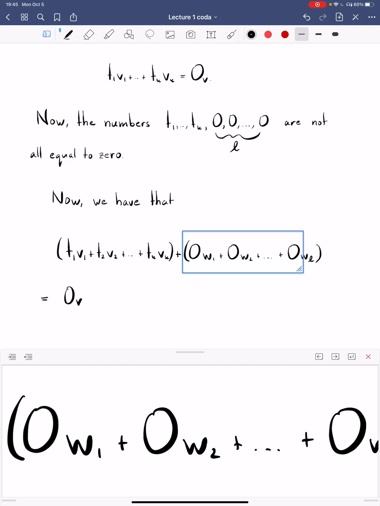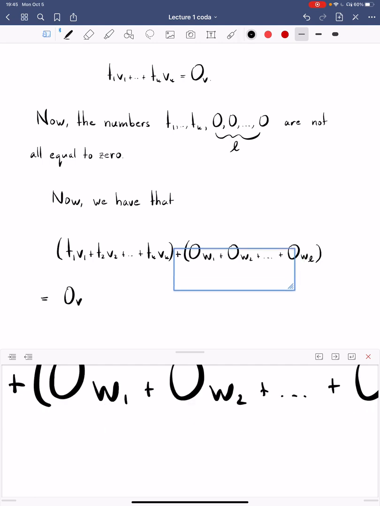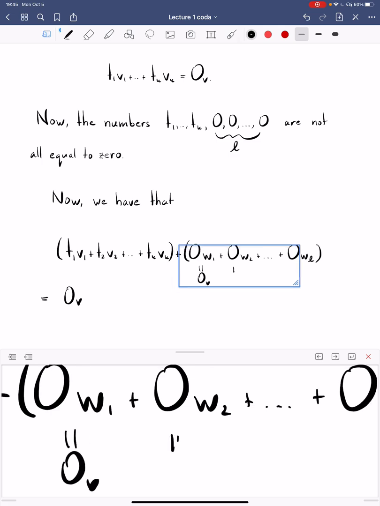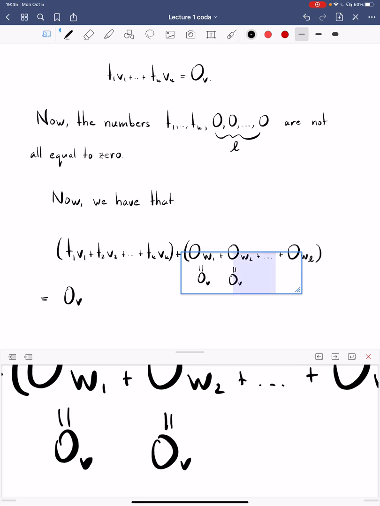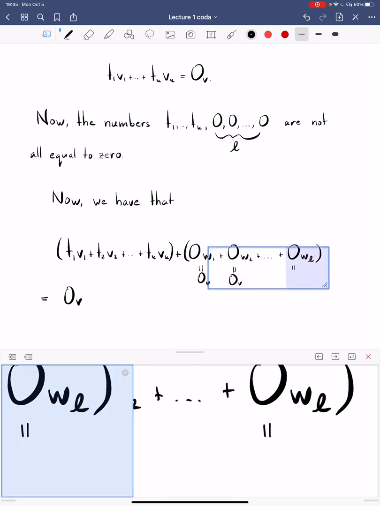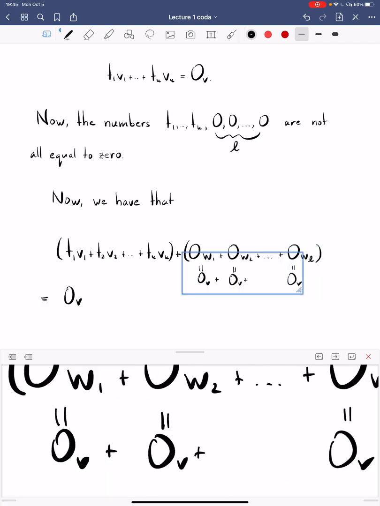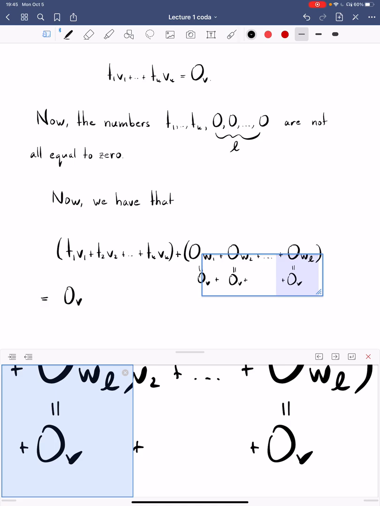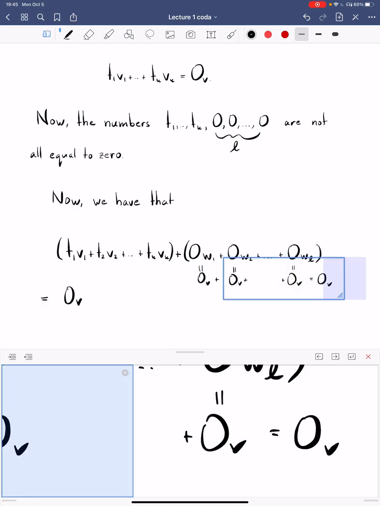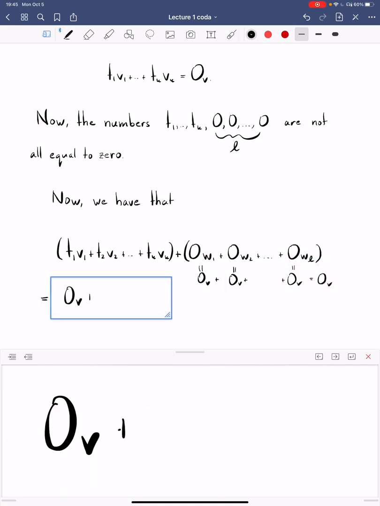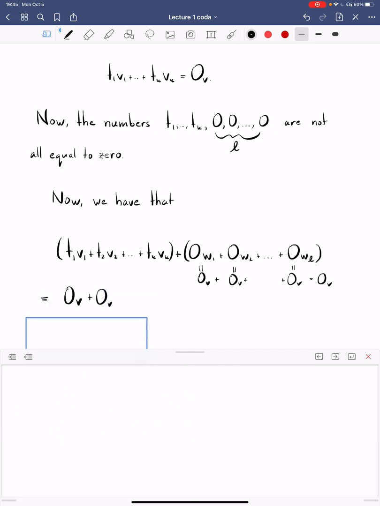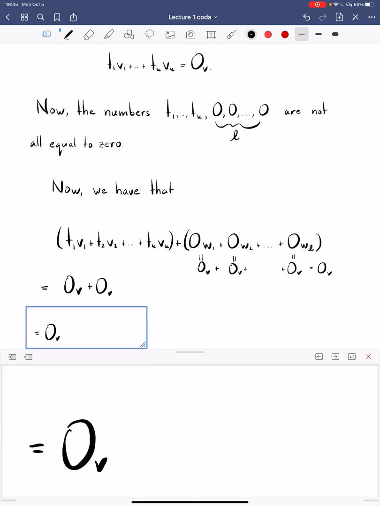Well, it's 0 times the vector W1, and that's equal to the 0 vector, and 0 times the vector W2, that's equal to the 0 vector, all the way out to 0 times the vector WL, and that's equal to the 0 vector. So I'm just summing up the 0 vector L times, and that's giving me the 0 vector. So this is just 0 vector plus 0 vector, which is equal to the 0 vector.